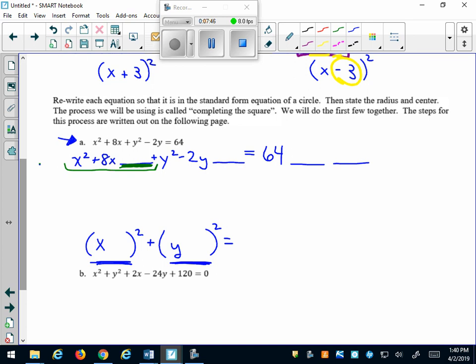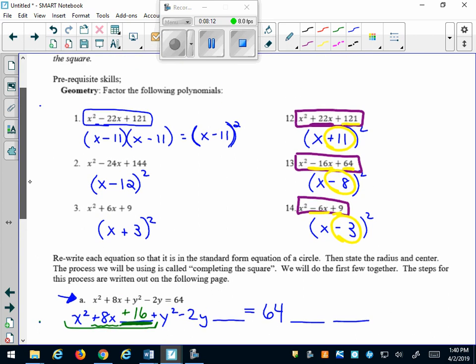So we're going to cut positive 8x in half. What do we get if we cut positive 8 in half? Positive 4. Well, we can actually put that into our parentheses down here. But then we have to square it to get what goes in here. What's 4 squared? 16.